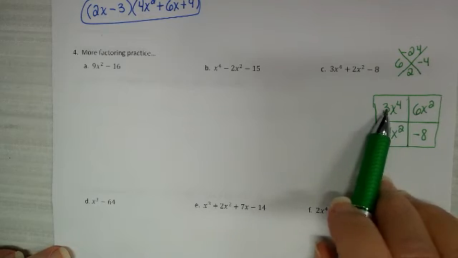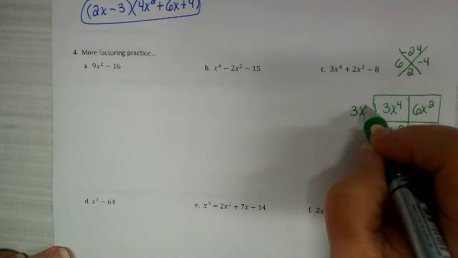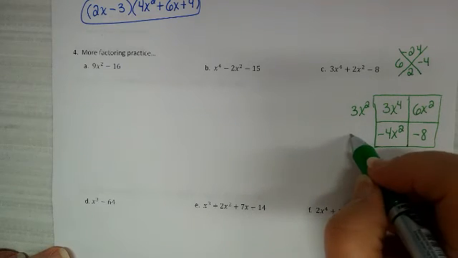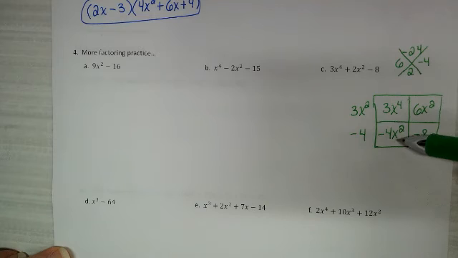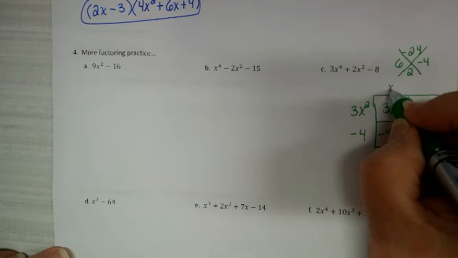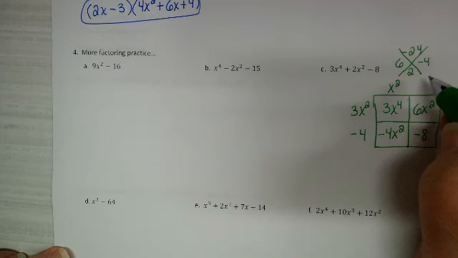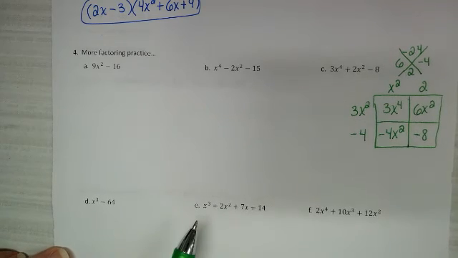On the top row, they both have a 3, and they both have an x squared. On the bottom row, I'm going with negative 4. First column, I think it's x squared. And the second column, I'm going to go with a 2. Because 2 times negative 4 is negative 8.